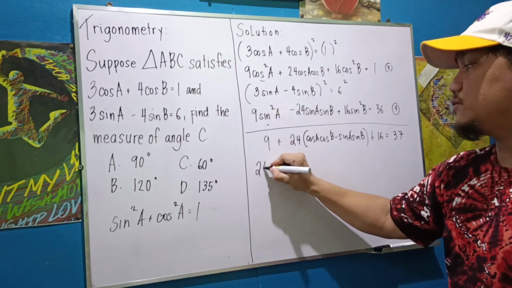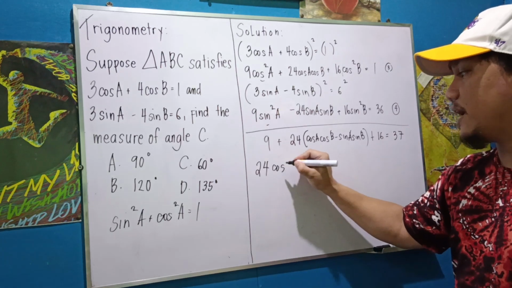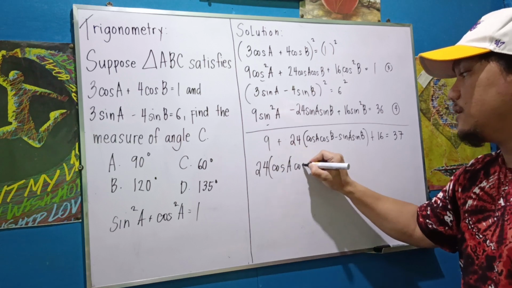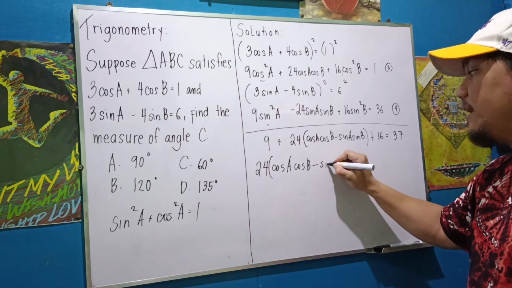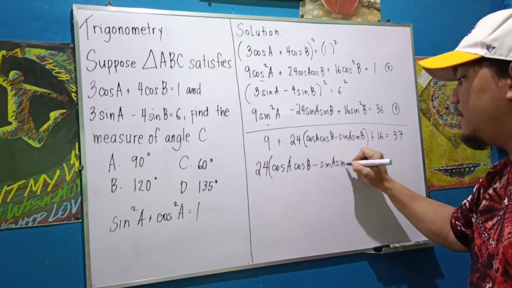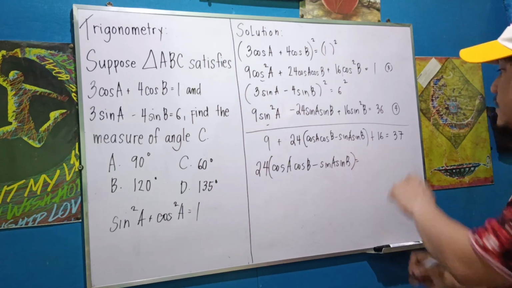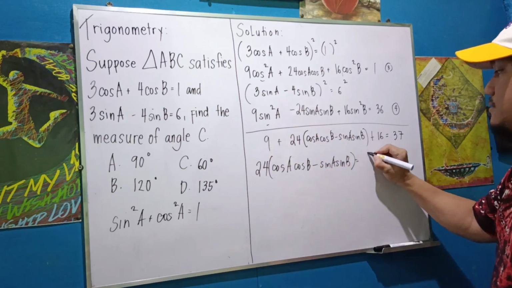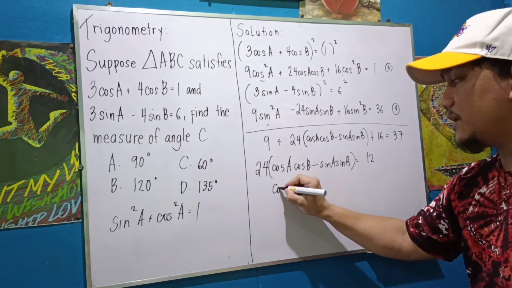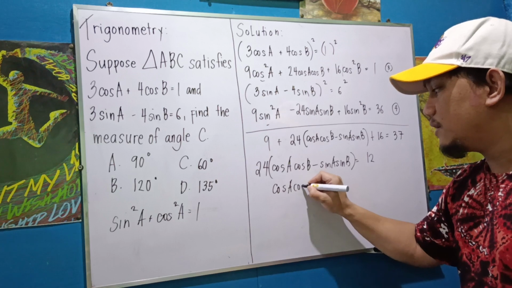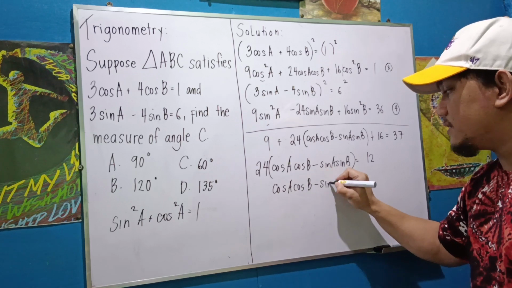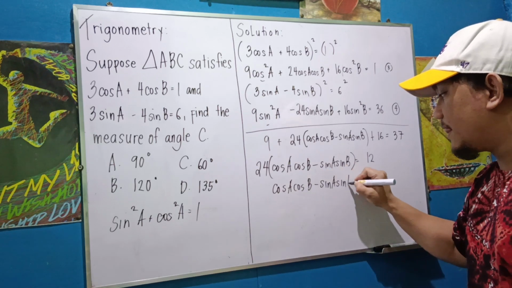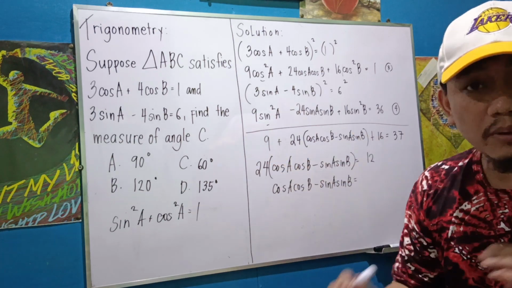So isolate natin yung constant, lagay natin sa right side. 24 cos A, cos B, minus sine A, sine of B, mga Lodi, equals 37 minus 16, that's 21, minus 9, that's 12. So magiging cosine A, cosine B, minus sine of A, sine of B equal to 12 divided by 24.